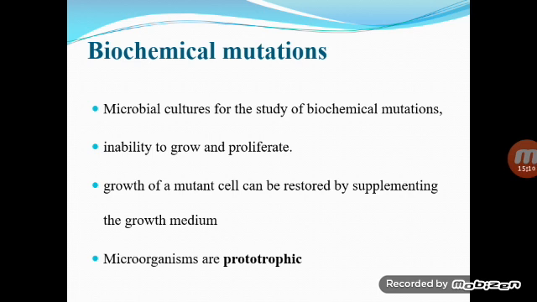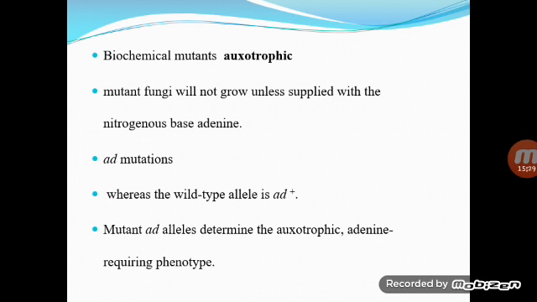Prototrophic microorganisms exist on a substrate of simple inorganic salts and an energy source, and such a type of growth medium is called the minimal medium. Prototrophs are actually the wild type of the microorganism.